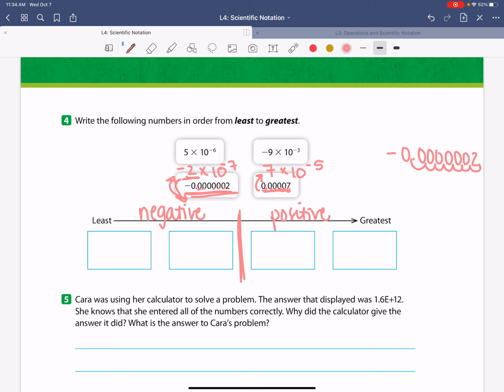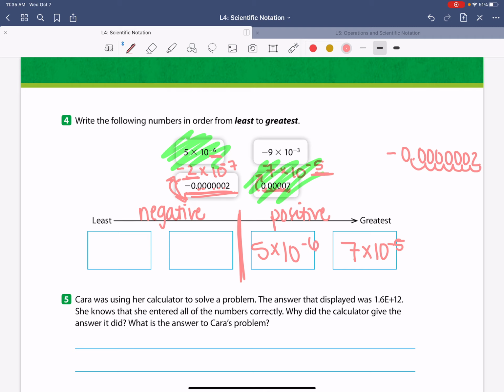Okay, so I can look at my 2 positives, which are my 5 times 10 to the -6 and my 7 times 10 to the -5. Well, if I'm looking there, then I know that -5 is actually greater than -6. So I should have my 7 times 10 to the -5th over here and my 5 times 10 to the -6th here.